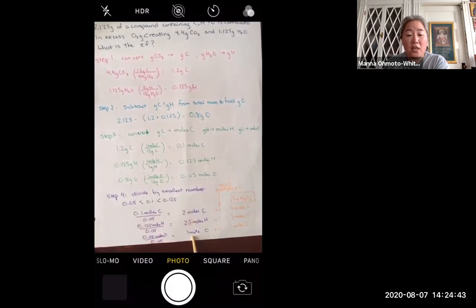So this is one of those cases where the lowest number is 1, but these are not whole numbers. This ends in 0.5, so I multiply everything through by 2. Instead of a 2 to 2.5 to 1 ratio, I have a 4 to 5 to 2 ratio. So my empirical formula is C4H5O2.